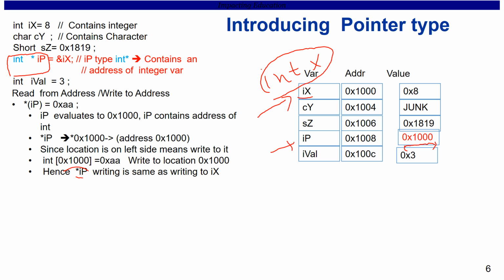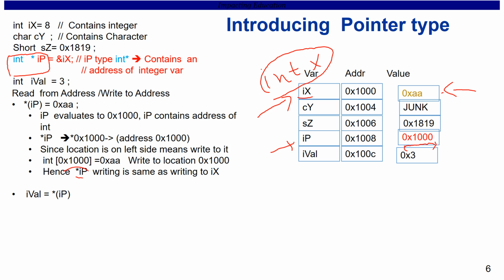As a result, when I write star of IP equals 0xAA, at the end of it you can see that the value has changed. The end effect is writing to the variable ix. So star of IP does evaluate to ix.